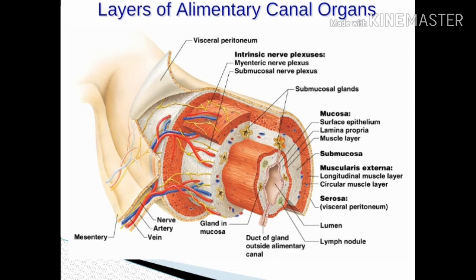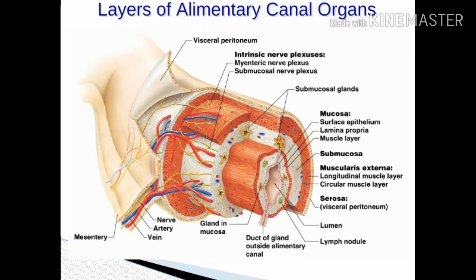Muscularis. The muscularis or muscular layer is a thick layer of muscle tissue that wraps around the submucosa. This portion of the wall is characterized by an inner layer of circular and an outer layer of longitudinal smooth muscle.